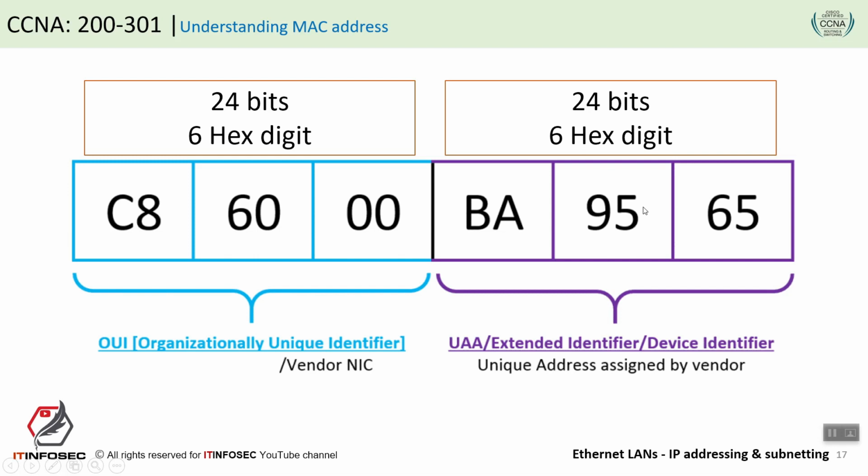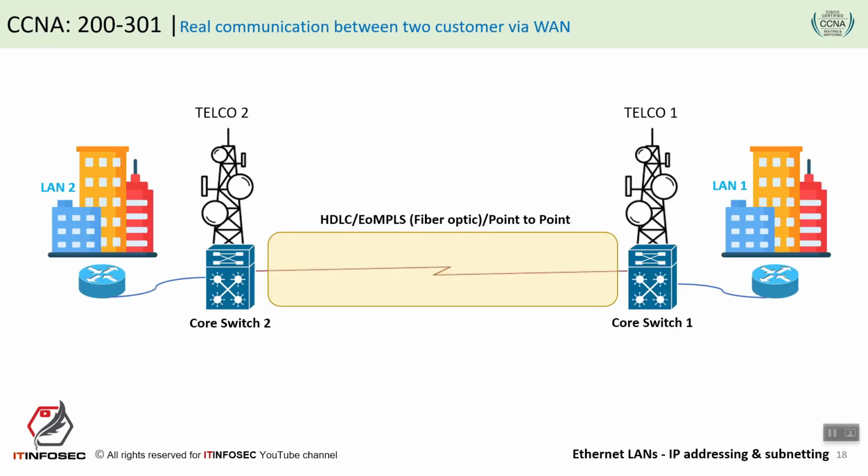The second part contains another 6 hex digits, the unique address assigned, which is the exclusive identifier of the network card. So no two network interface cards in the world have the same address. Each network interface card has a separate, unique address that we call the MAC address.